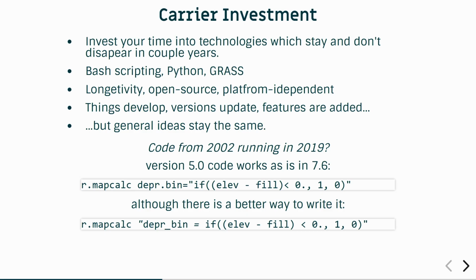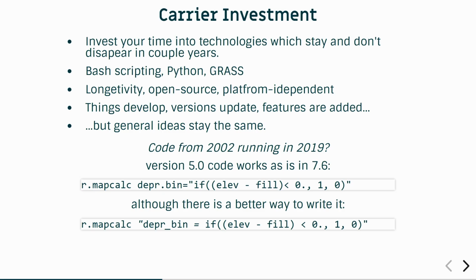There were many improvements in how the syntax is done, what is the safe way of doing things, what is the best practice, but the general ideas stay the same. The same applies to Python, which is a little newer than that, but still has this long-term vision, and Grass also works in the same way.